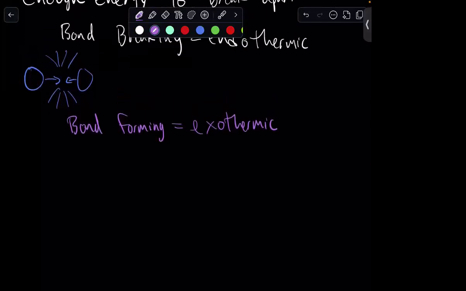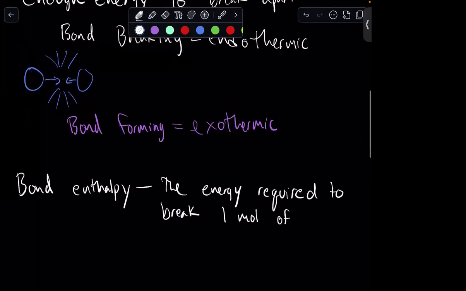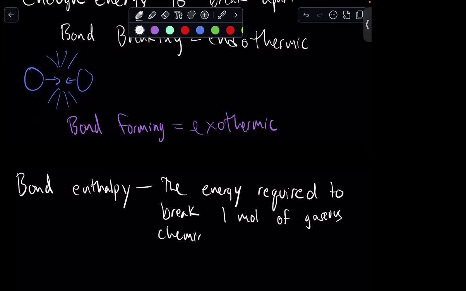In addition, when we start thinking about this energy, we actually call this bond enthalpy. Specifically, bond enthalpy refers to the energy required to break 1 mole, it's always going to be 1 mole, of gaseous chemical bonds.